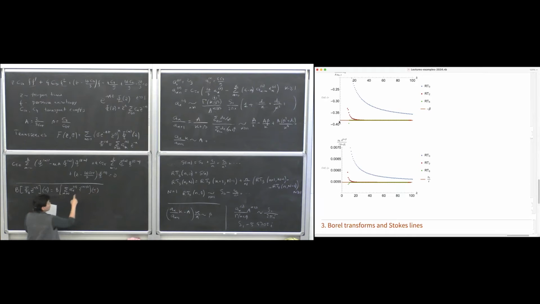And the Borel transform of this, if you can calculate it, is just the sum over k greater or equal than 0, a_k0 t to the n plus k plus beta minus 1, divided by gamma of n plus beta. So this is what you get.